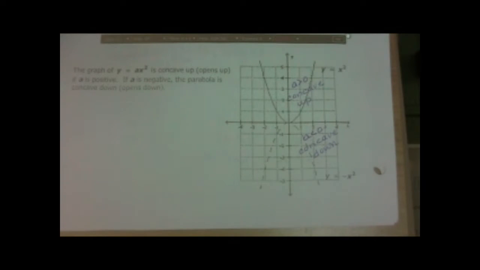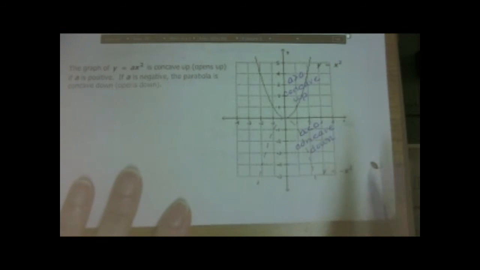So when you're working on your homework tonight, one of the first things that you're going to have to figure out is if A is positive or negative, so that you know whether your parabola is concave up or concave down. But it's easy to figure out because it's just right there staring you in the face. So while this one is y equals x squared, this one that's upside down is y equals negative x squared.